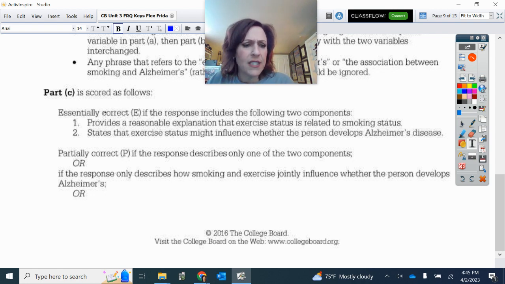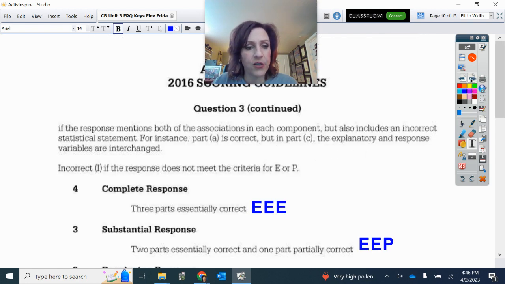Okay. So let's table that for a second. Partially correct if the response describes only one of the two components. So if you only talked about how exercise might influence whether a person develops Alzheimer's disease as well, then there's your partial. Okay, if the response only describes how smoking and exercise jointly influence whether the person develops Alzheimer's, which I might have done that, so we'll look here in a second.